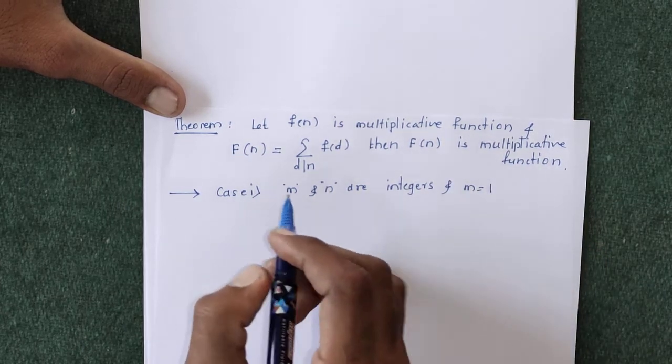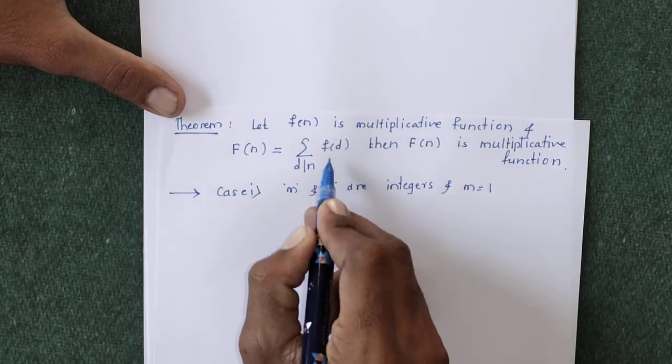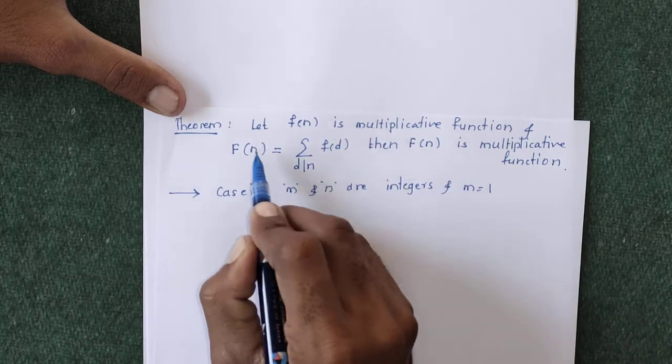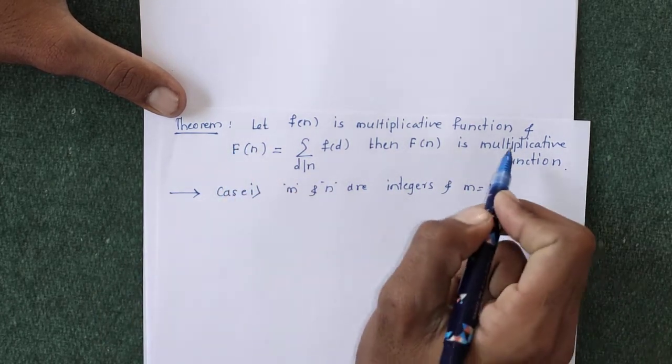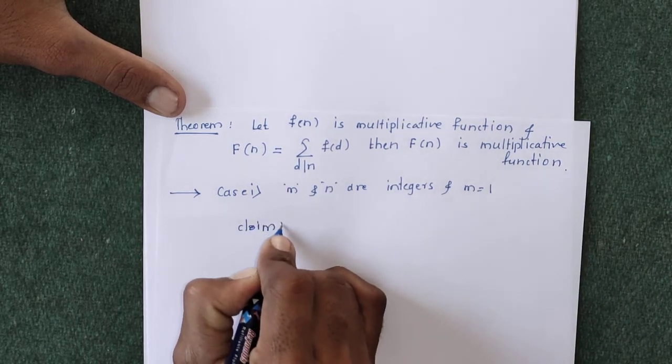In the second case we take n equal to 1. Here we are going to prove that capital F is a multiplicative function.